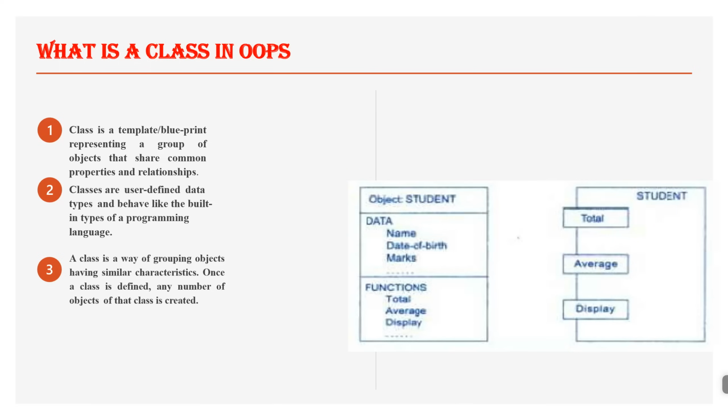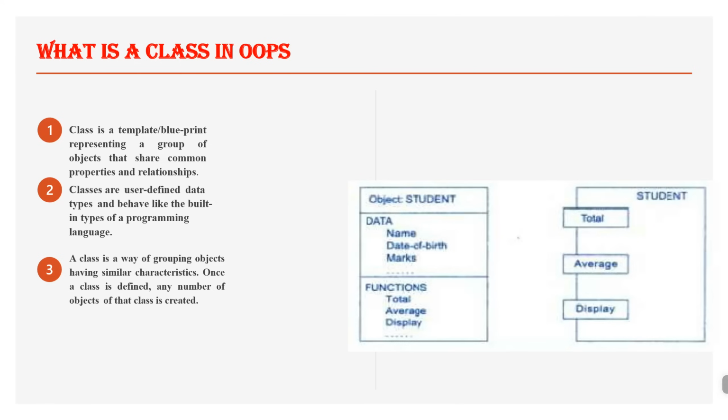A class is a way of grouping objects. As I mentioned, int A, B, C. What do you mean by A, B, C? A, B, C are grouped together of what? Type integer. Similarly, here also objects can be grouped together having similar characteristics.